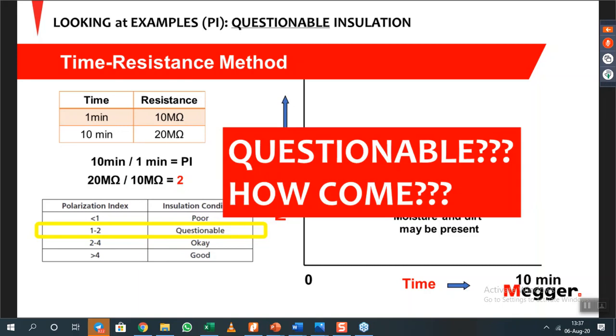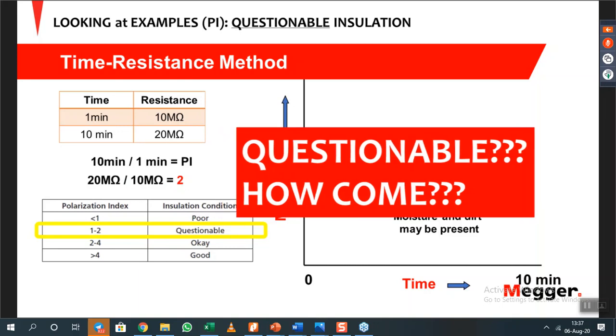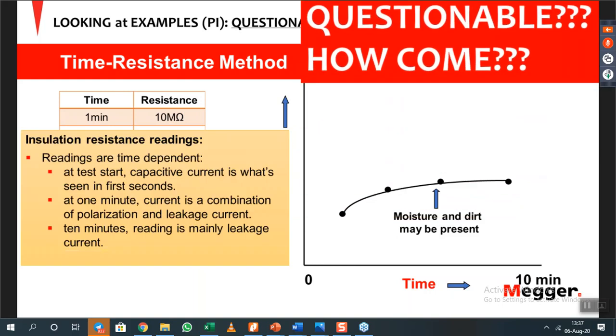So in this example, this is questionable. And how come? Again, at first I have capacitive, and after 10 minutes that is gone. At second or at 1 minute, current is combination of polarization and leakage current. And at 10 minutes, supposedly, I am expecting that is only a leakage current. However, I have contamination. I have dirt.